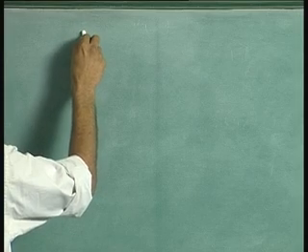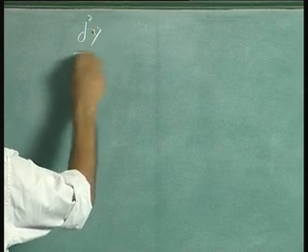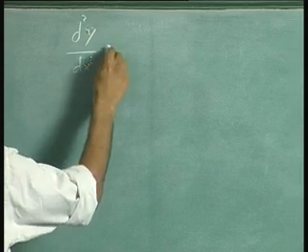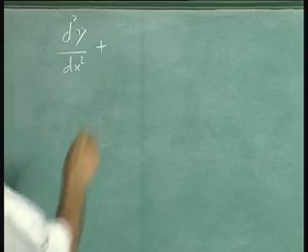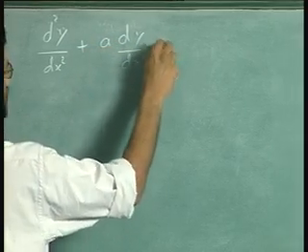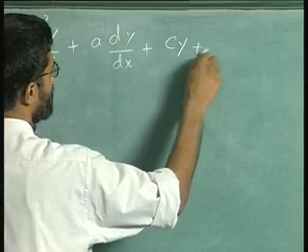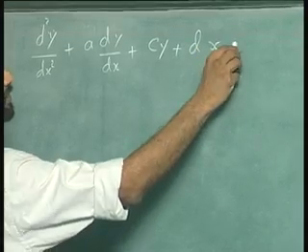So our equation was d squared y by dx squared plus a dy by dx plus cy plus d into x is equal to 0.